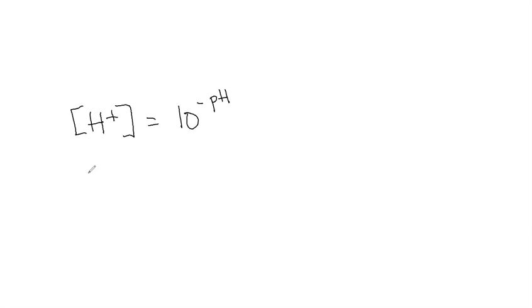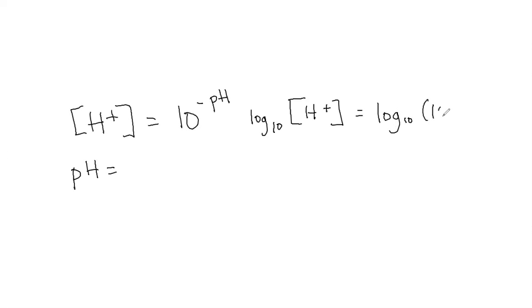The other one is pH equals... hold on, let me think about this. Sorry, I have to convert this just to make sure that I'm doing this right. So if you are familiar with using logarithms, don't worry if you're not, but if you are, this should make sense. Take the log base 10 of both sides. This cancels out with this.